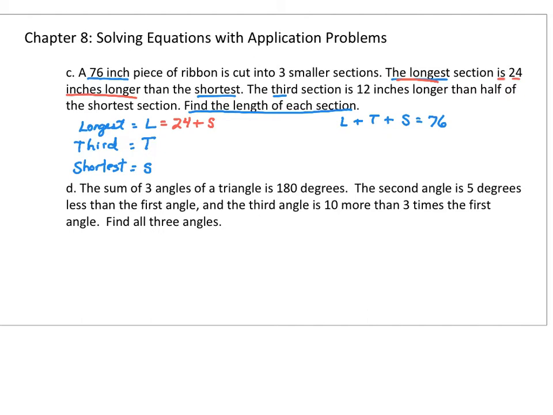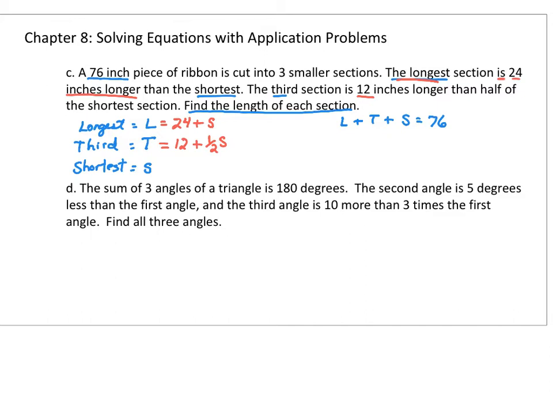The third section is 12 inches longer than half of the shortest section. And then the shortest section is just going to be S.